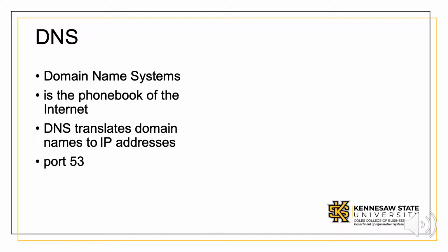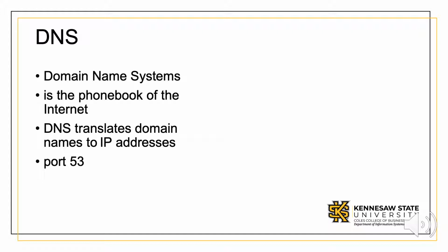DNS. DNS stands for Domain Name System. DNS is basically the phone book of the internet, and it translates domain names into IP addresses through either forward lookup or reverse lookup.